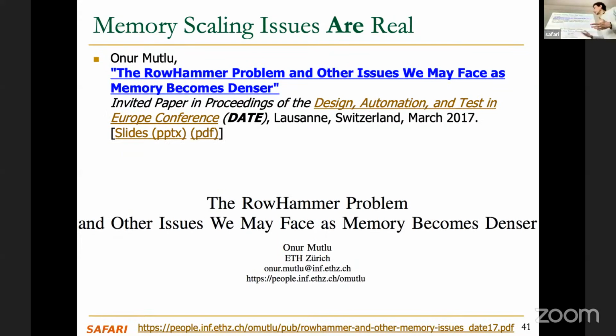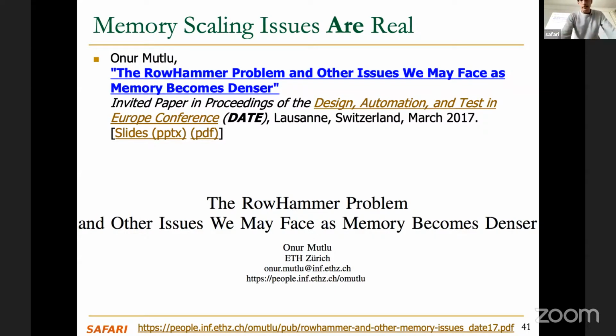And another example that I gave you earlier, in terms of reliability and security, the RowHammer problem, is also an important field of research for our group and for many other groups that are interested in making DRAM more reliable.